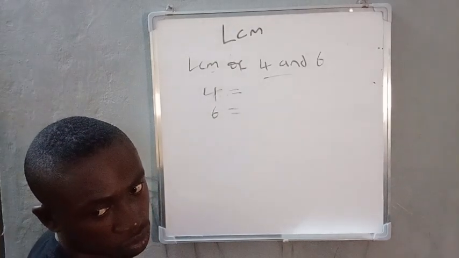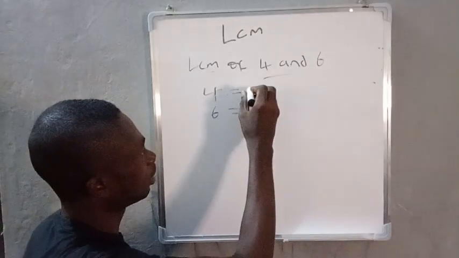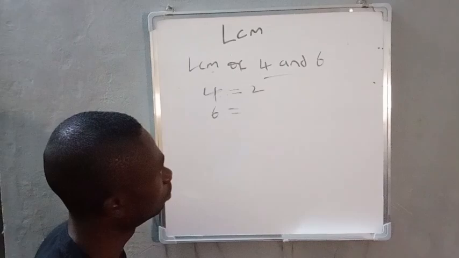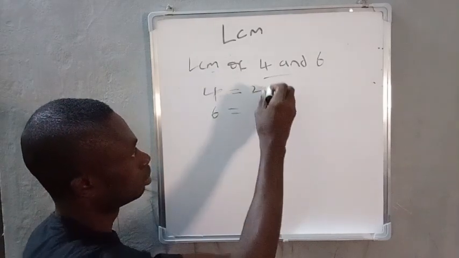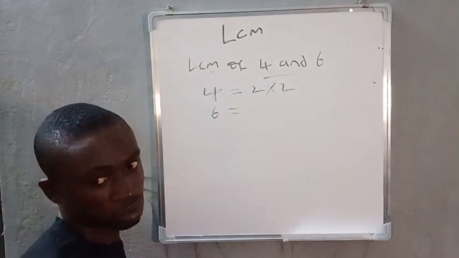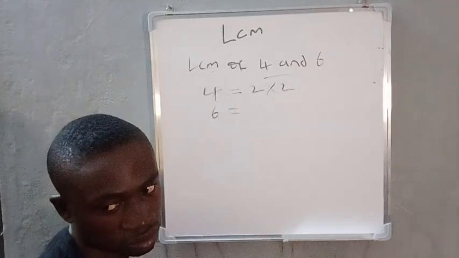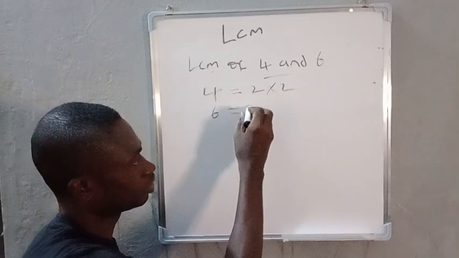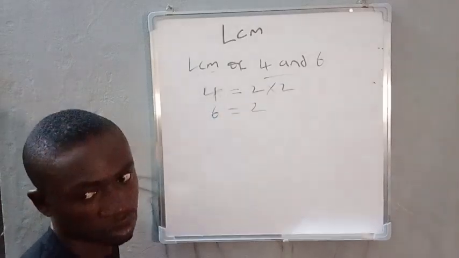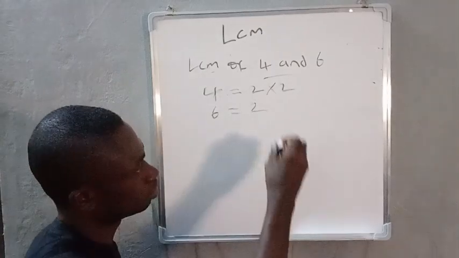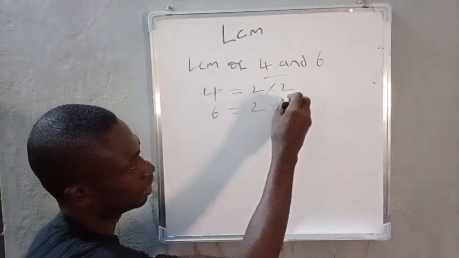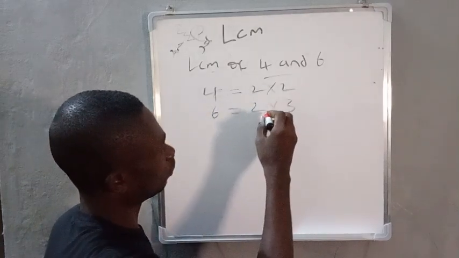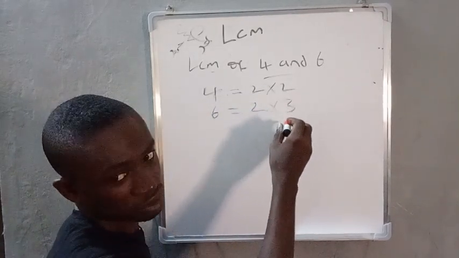Number one is 2. 4 divided by 2 will give you 2, so 2 times 2 becomes 4. What number can divide 6? Divide it by 2. 6 by 2 will give you 3. So you realize that 2 times 2 is equal to 4, and 2 times 3 is equal to 6.